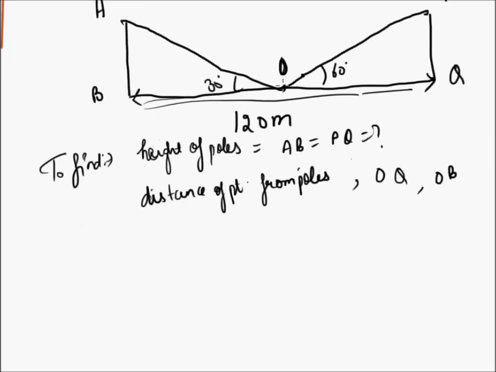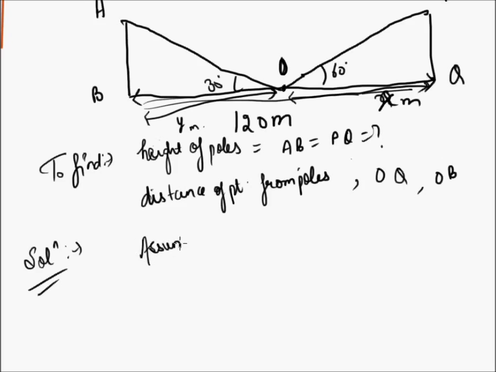So, since we are given the whole length of the road, the width of this road, let us assume that this distance BO is y meters and this distance OQ is x meters.